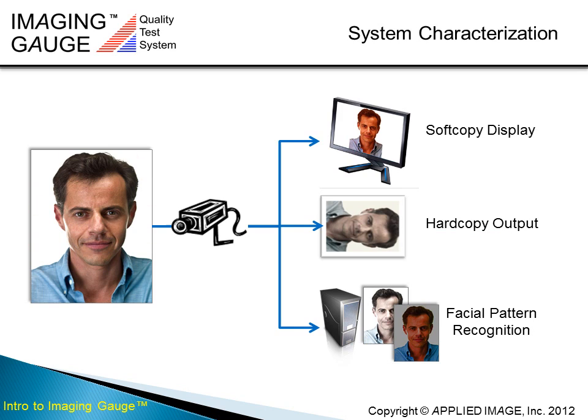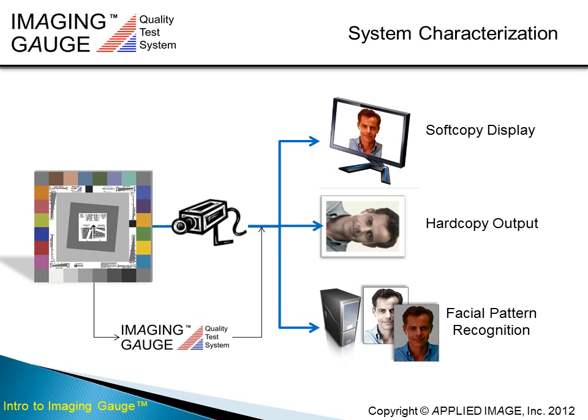The same is true with hard copy. And in the case of pattern recognition, the software may have a difficult time performing if the images that were collected in a database are not properly matched to the originals.